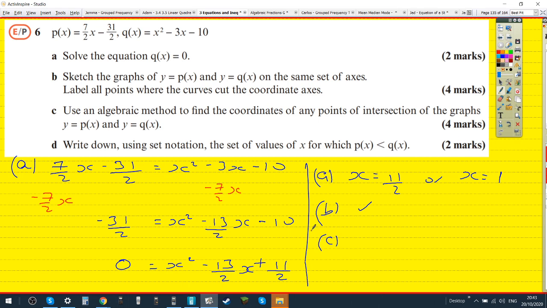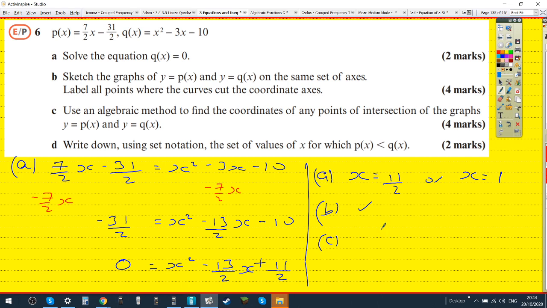So would you substitute x1 into the equation? Yep, which equation? P of x. Yeah, either of them will work. P is easier. Okay. When you do that for both of the x's, right? Correct. Okay.